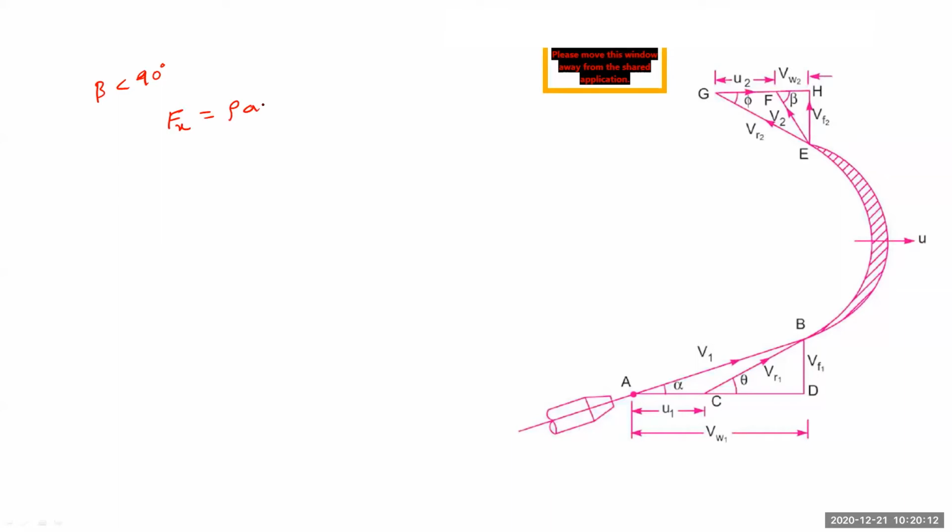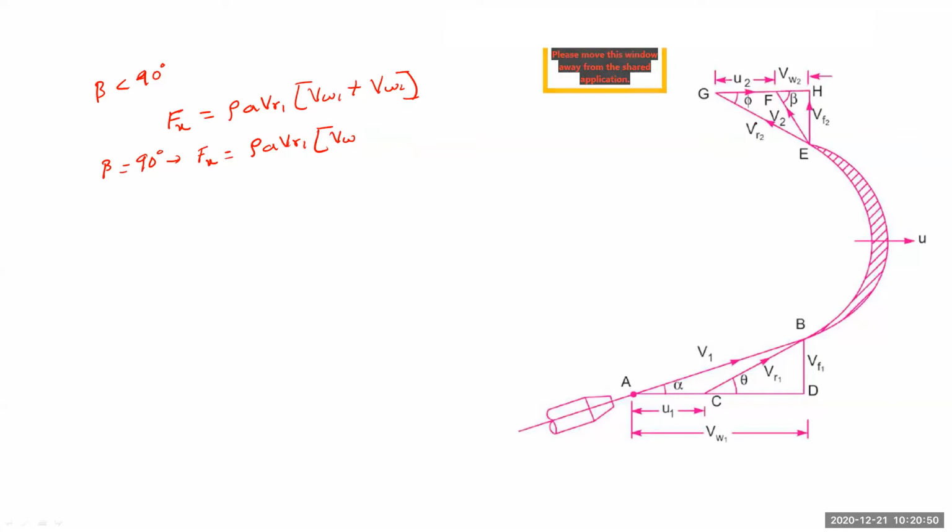Rho A VR1 in bracket, what will I write, VW1 plus VW2. This is the first formula when beta is less than 90. What will happen when beta equals 90 degrees? The formula changes to Fx equals rho A VR1 in bracket, there will be only one term.